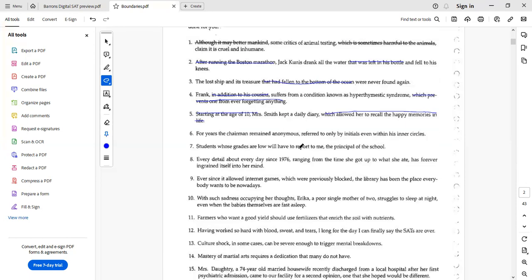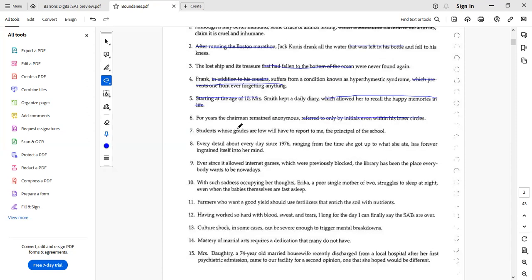Thank you. Suhaib, number 6. What are you going to cancel? "Referred to only by initials, even within his innocence." Excellent. So the main sentence is "for years the chairman remained anonymous." Actually, I'm also going to delete "for years," but he doesn't put the comma here. It's a mistake from the book. He must put the comma and delete "for years." So: the chairman remained anonymous.